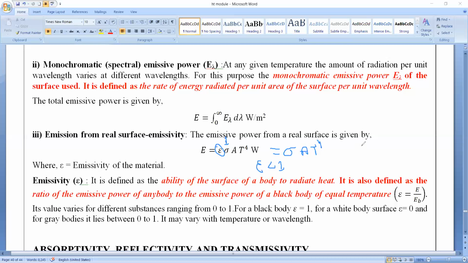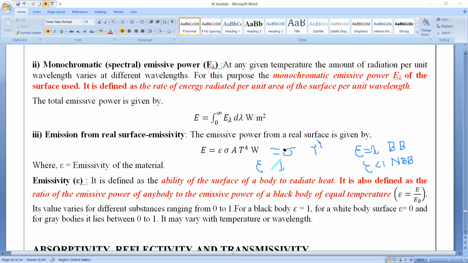So remember students, epsilon, the emissivity, equals 1 for a black body, and epsilon is always less than 1 for non-black bodies. Is that clear? I hope there is no doubt up till here.